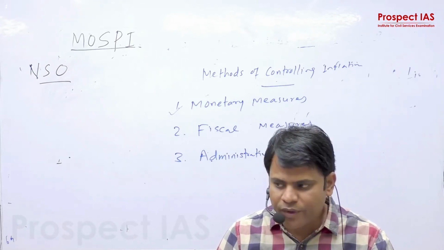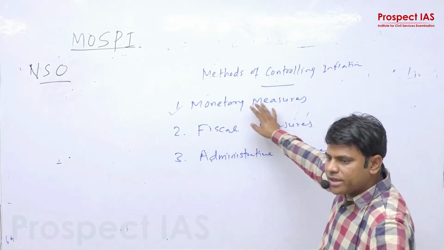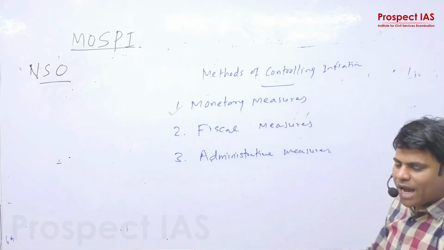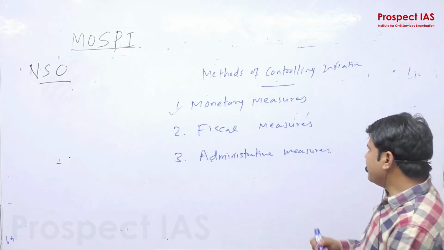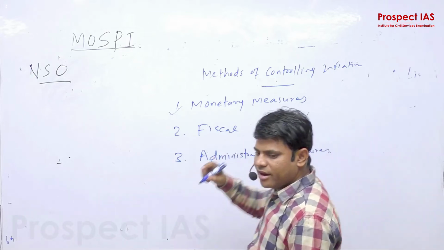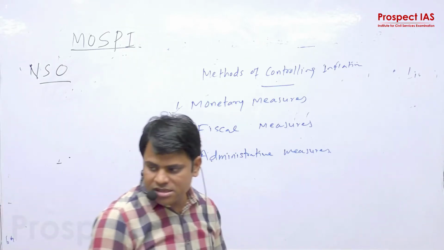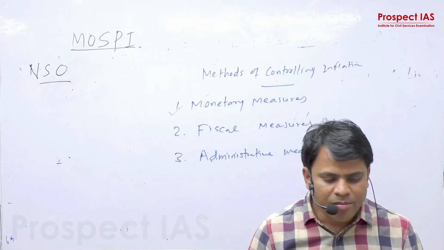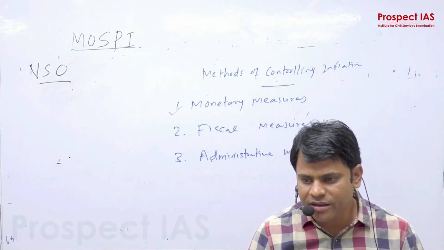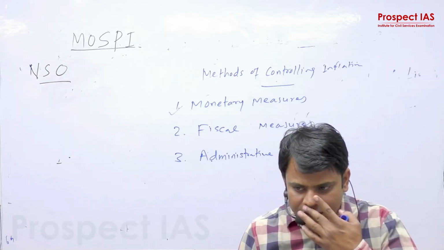Fine. So we are discussing various measures of controlling of inflation, and the first one is monetary measures. Monetary measures are always adopted by the central bank of the country. Now you have to know what exactly Reserve Bank of India does under monetary measures, है ना? So under monetary measures, लिखिए, the RBI controls supply of money. The Reserve Bank of India controls supply of money to reduce rate of inflation in the economy.